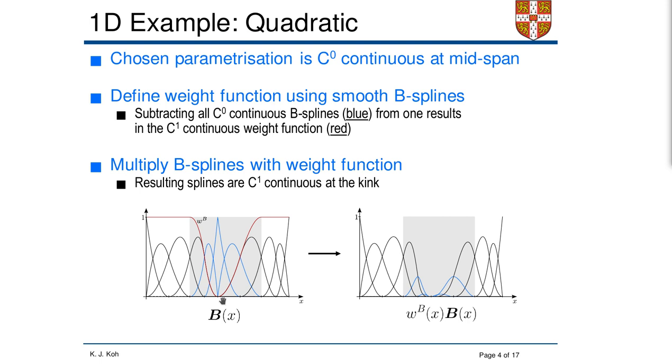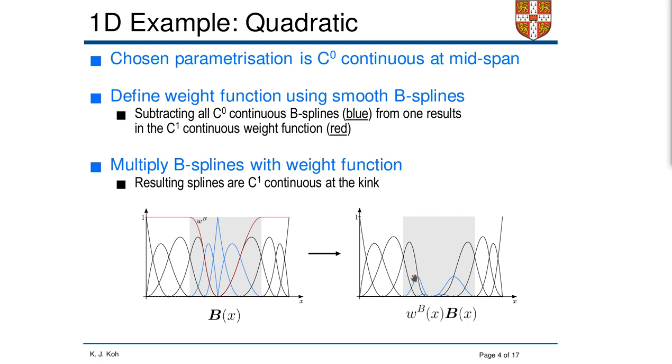So in order to create some smooth basis functions in this line domain, we first define the weight function WB, which is highlighted in red here, by simply subtracting from 1 the splines in the blue color, because they are non-smooth at the midspan. And if we multiply this smooth WB with the existing B-splines, we obtain a set of smooth splines, as you can see here. So you can see that the non-smoothness has been removed.